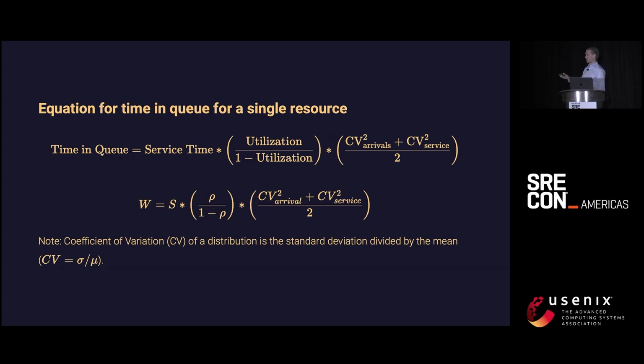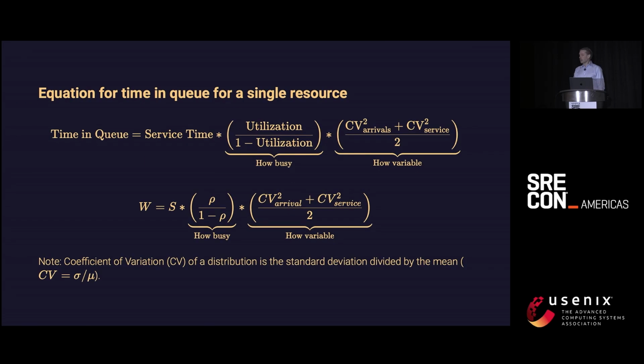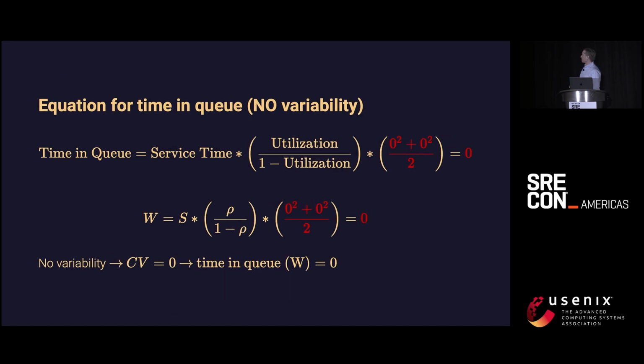It's a statistical measure of how variable the arrival and service rates are. Basically these terms break into how busy a system is and how variable it is. And the nice thing for us, when everything comes in at a constant rate, those coefficients of variation turn to 0, and the wait time becomes 0, which is exactly what we saw when everything was constant.